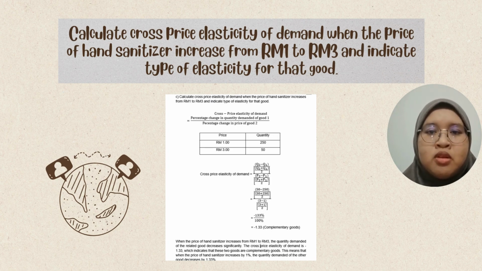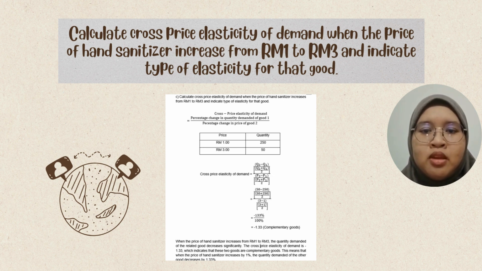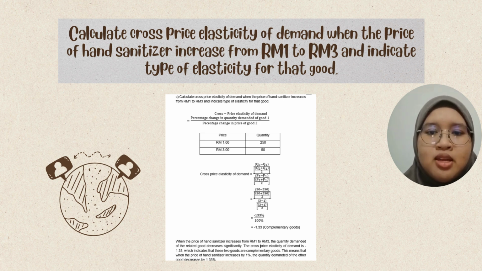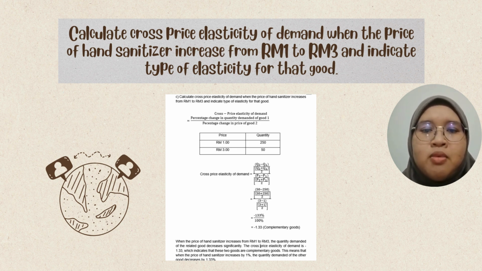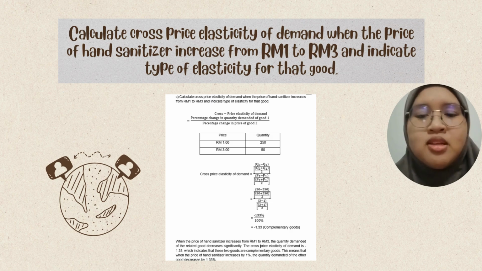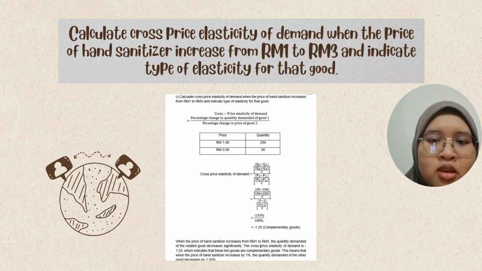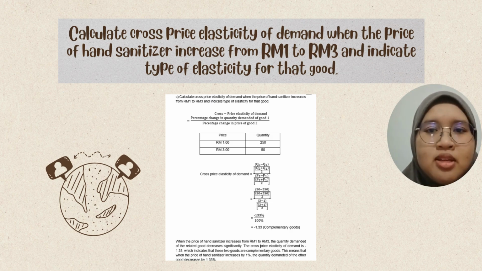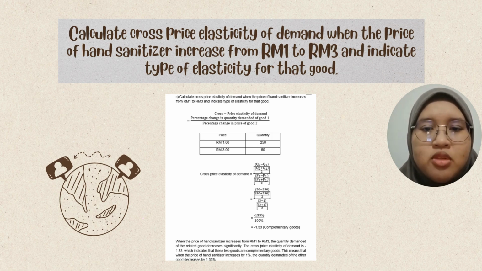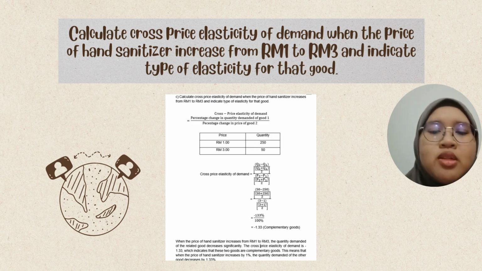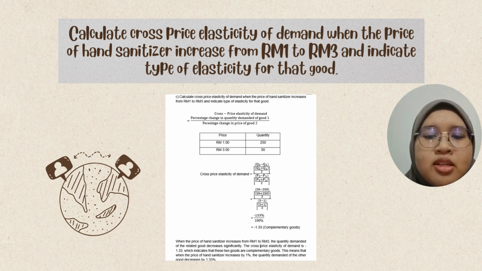I want to present about how to calculate the cross price elasticity of demand when the price of hand sanitizer increases from 1 ringgit to 3 ringgit and indicate the type of elasticity for that good. When the price of hand sanitizer increases from 1 ringgit to 3 ringgit, the quantity demanded of the related good decreases significantly.